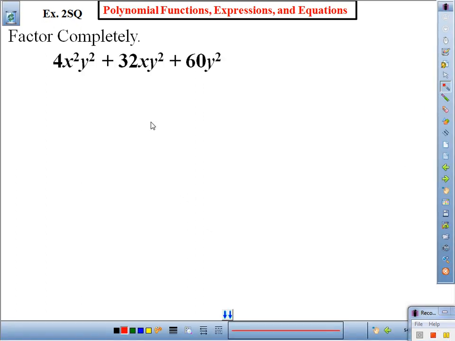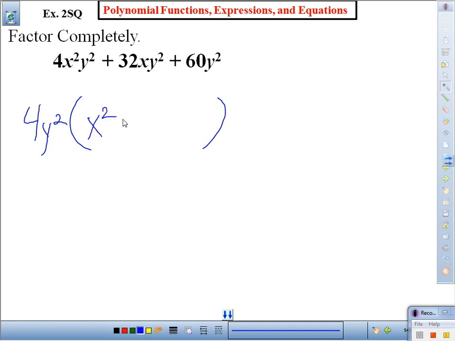All right. Is it in standard form? Let's see. 4, 3, 2. Yep. GCF, I heard 4. That's one of them, yes. The number 4 divides all the terms. What else does each term have? Y squared, that is correct. So that's my GCF. 4x squared y squared divided by 4y squared, we're left with x squared.